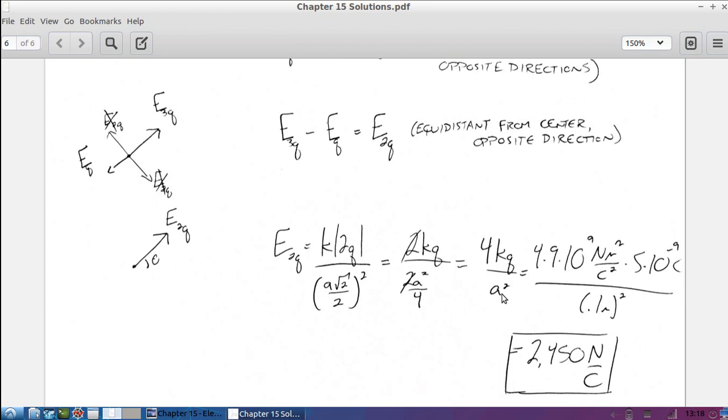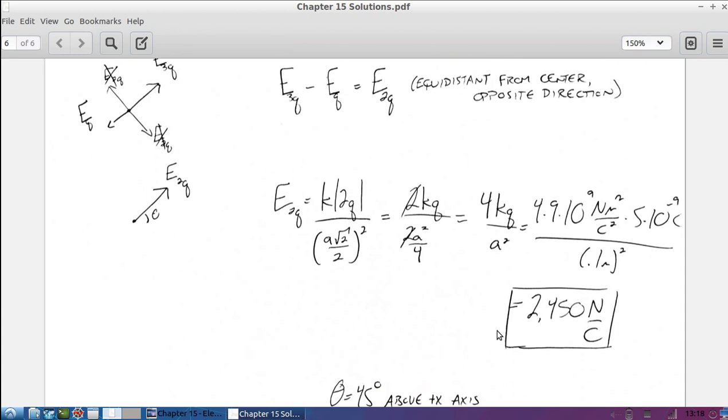So I do all this algebra with my variables and my coefficients before I start plugging in my super big and my super small numbers. Okay, so I have 4 times k, 9 times 10 to the 9 newton meter squared per coulomb squared, times q, which they told me was 5 nanocoulombs, 5 times 10 to the negative 9 coulombs, divided by a squared, 0.1 meters squared.